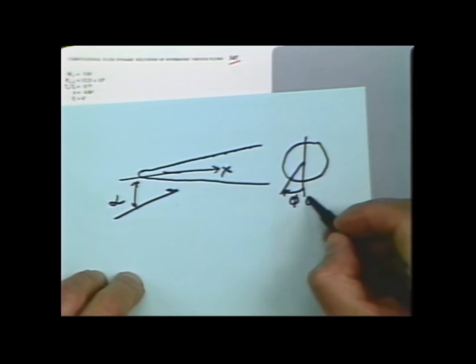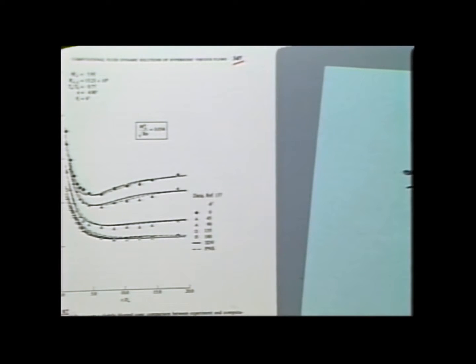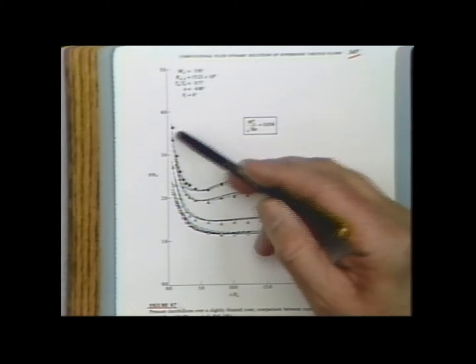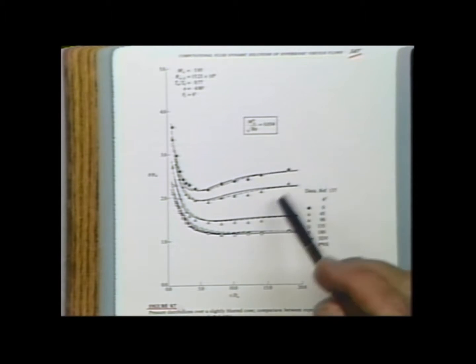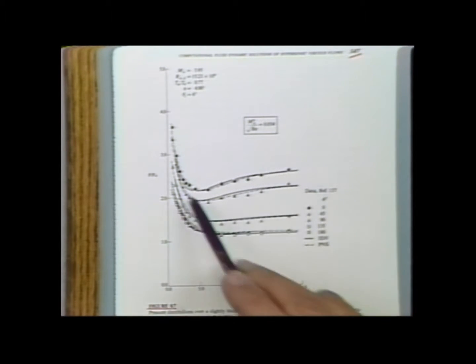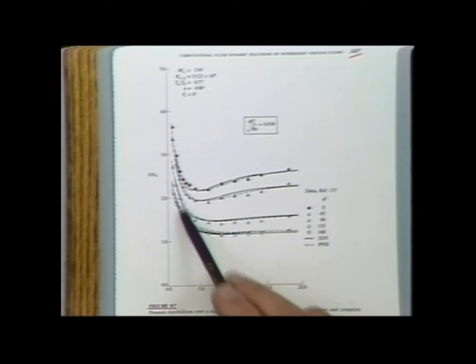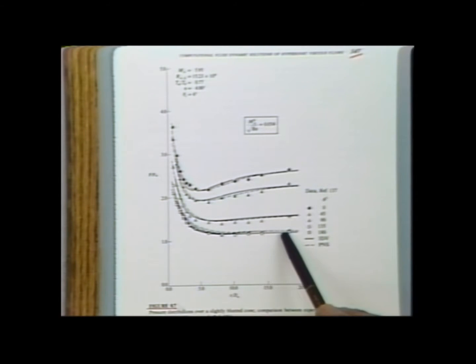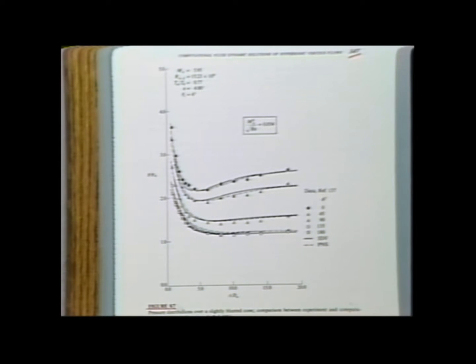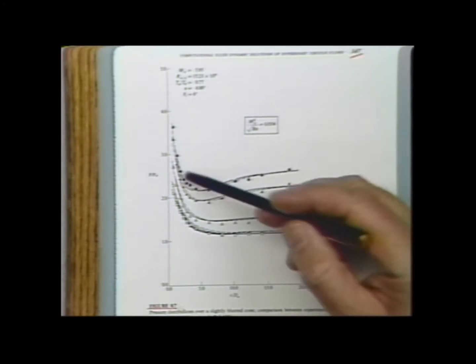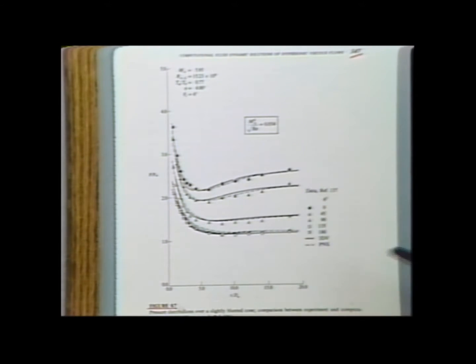So phi equals 0 degrees would be right on the most windward ray. That's where we have our highest pressure. Now as we go around the cone, 45 degrees we get this, and 135 degrees, and finally 180 degrees. This is on the leeward surface on the back ray of the cone. Okay, now let's see what's happening. Those are experimental data. There are two sets of calculations made here.